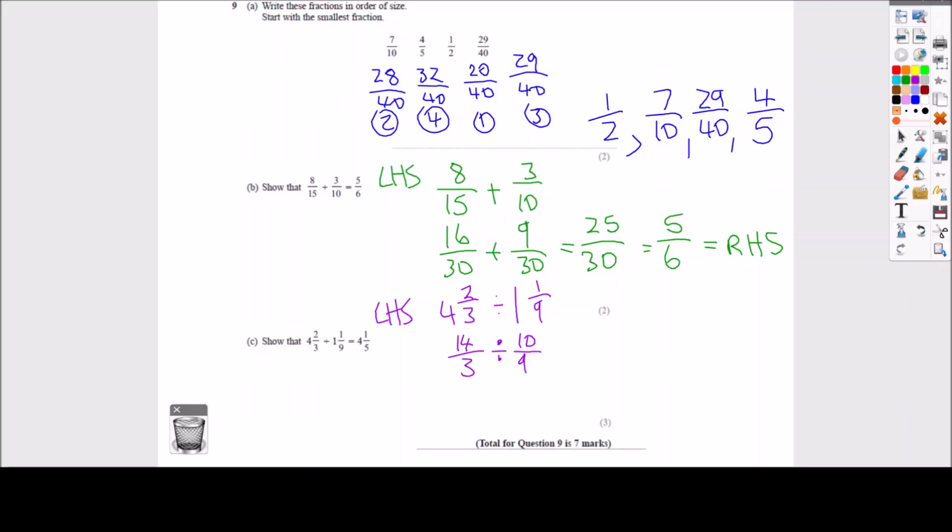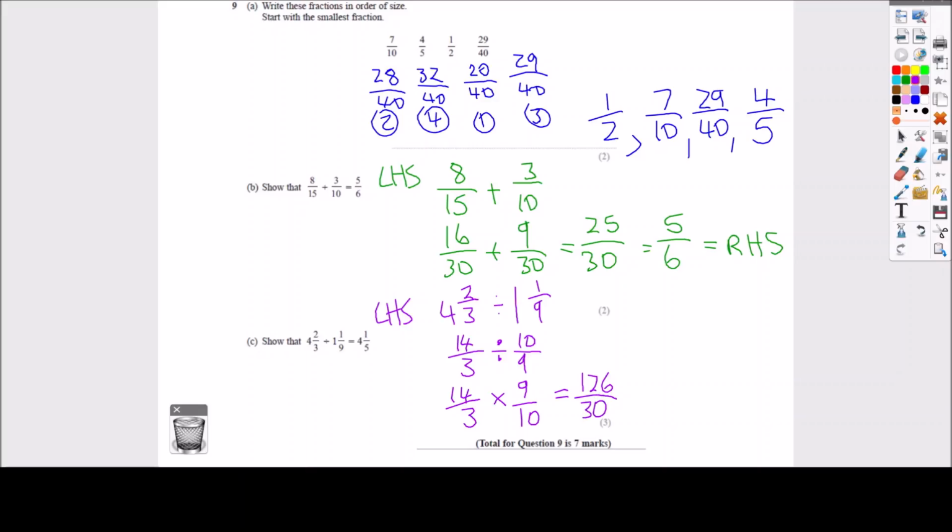Now, for fractions, you keep the first fraction the same. You change it from a division question to a multiplication question, and you flip the second fraction over. Now, once you've turned it into one of these multiplication questions, it's the easy one. It's just top times top, bottom times bottom. Now, 14 times 9 is 126, and 3 times 10 is 30.